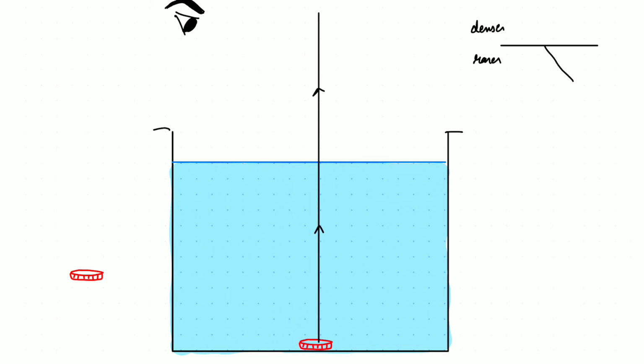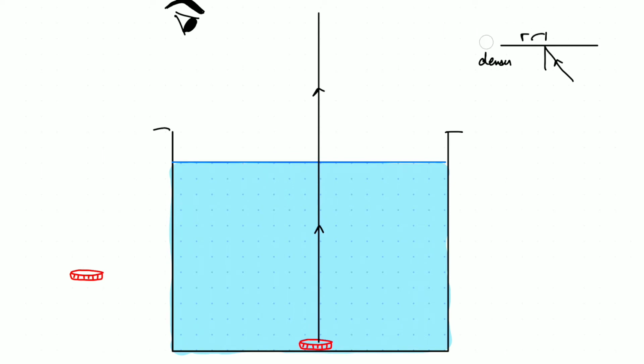When a light ray passes from rarer to denser medium, it is going to bend towards the normal. On the other hand, if your light ray is coming from denser to rarer medium, then the light ray is going to bend away from the normal, something like that. This is something we already know.